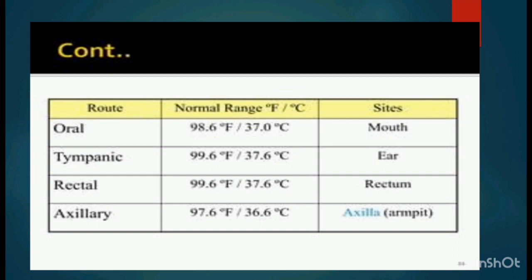In rectal, temperature is taken from the rectum, 99.6 degrees Fahrenheit normal range, 37.6 degrees Celsius is also a normal range. In axillary, temperature is taken in the axilla, 97.6 degrees Fahrenheit and 36.6 degrees Celsius is a normal range.